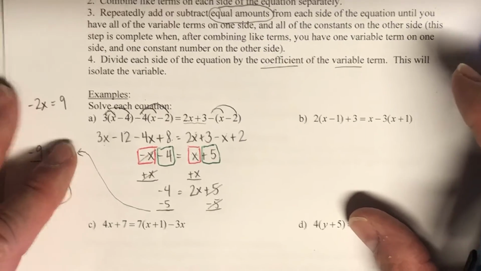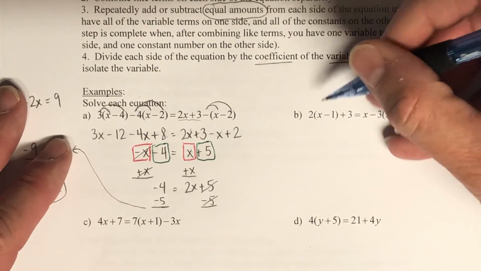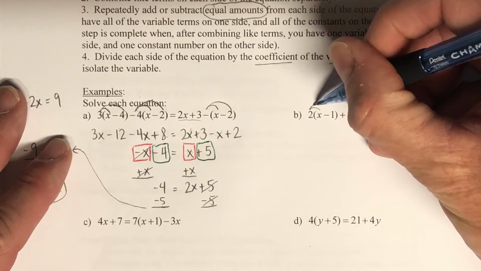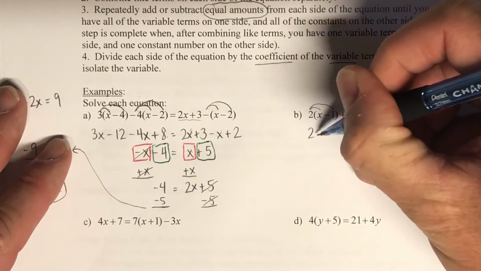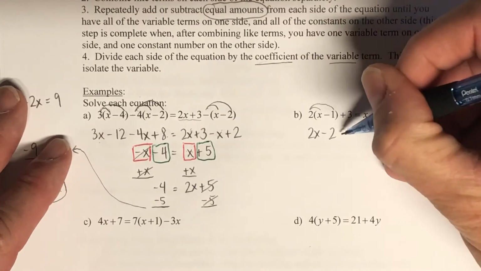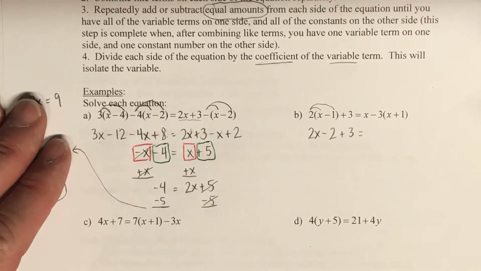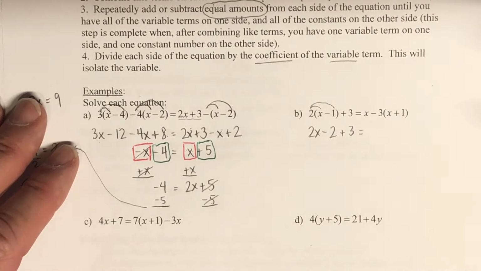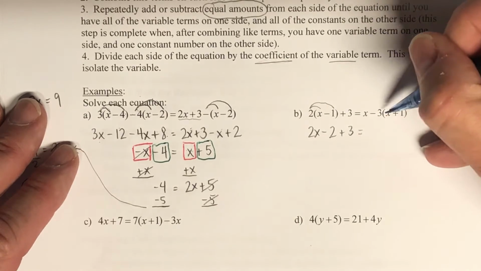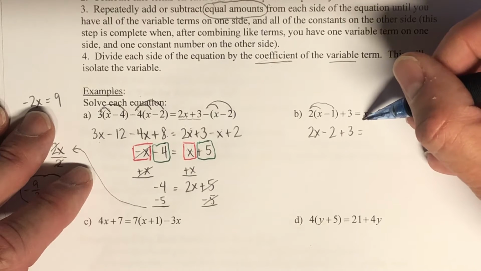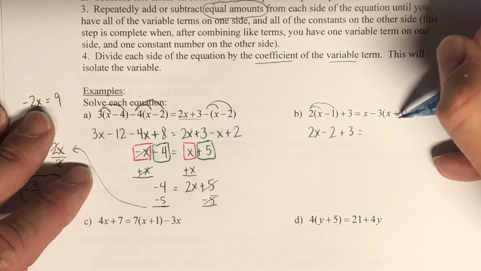So let's try problem B right here. Very similar. When you've got a term times a bracket with two terms in it, you distribute that through. The plus 3, that's not being multiplied by anything, so you just bring that down. Now notice, this is kind of interesting: it's just a term minus a term times a bracket.